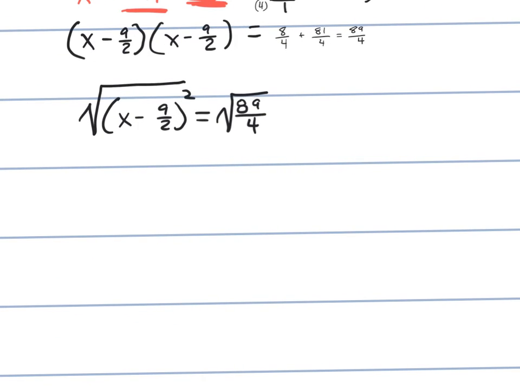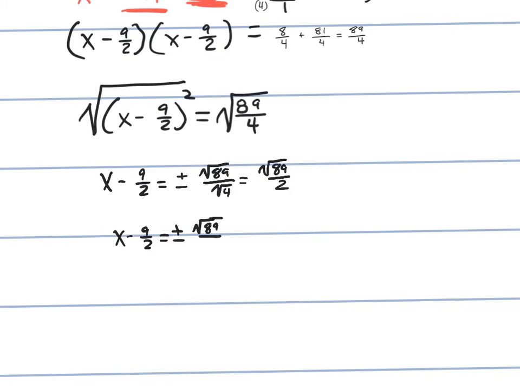The left side becomes x minus 9 halves. What does the right side become? Is equal to the square root of 89 over 2, plus or minus. So we get x minus 9 halves is equal to plus or minus the square root of 89 over 2.